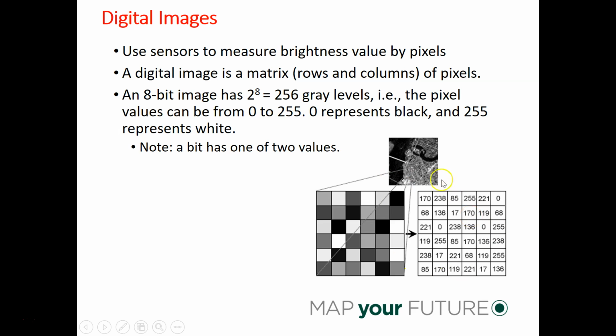So in this example, you have an aerial photograph and you have a teeny tiny area zoomed in. You can see that there are certain pixels with certain levels of brightness. And in the background, what you really have is numbers that are associated with certain brightness values.